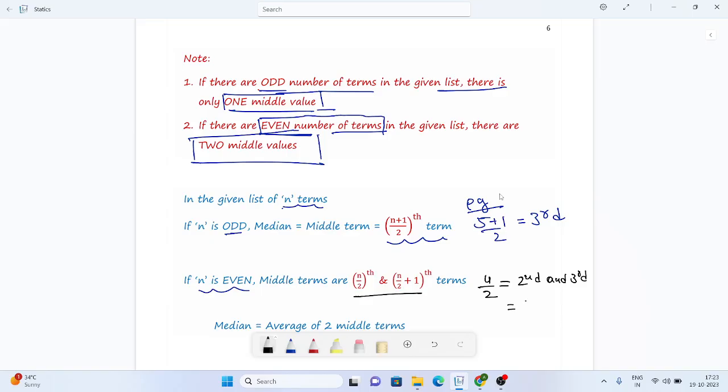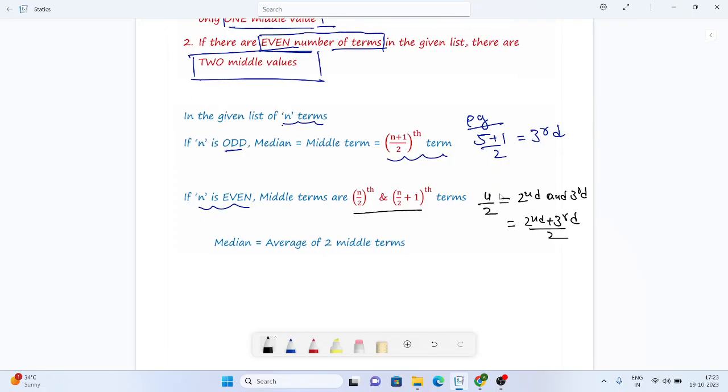Okay, second plus third term divided by 2, you get the median. Okay, so this is the thing. Now if there are more terms, let's say the number of terms is 49, so 49 is odd, so what is the middle term?